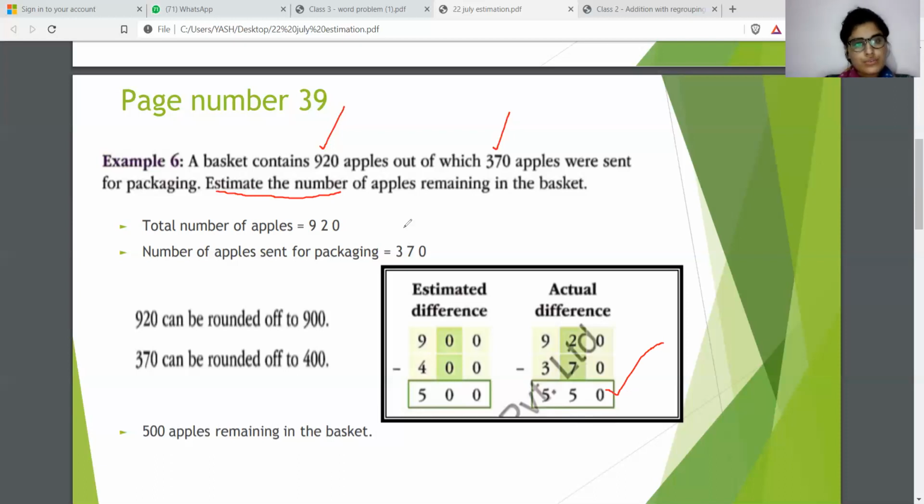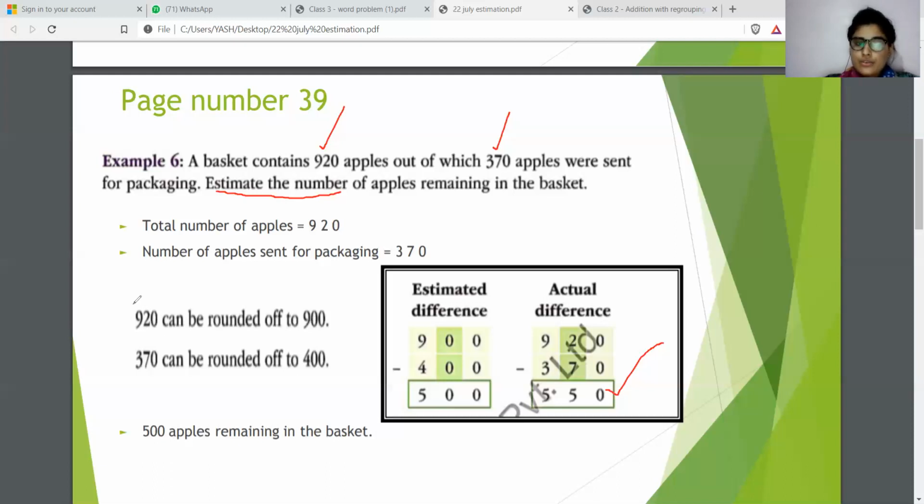So first we will write the statement: total number of apples is equal to 920. Number of apples sent for packaging is equal to 370. Then we will round off the number 920. Can you see how we can round off 920?